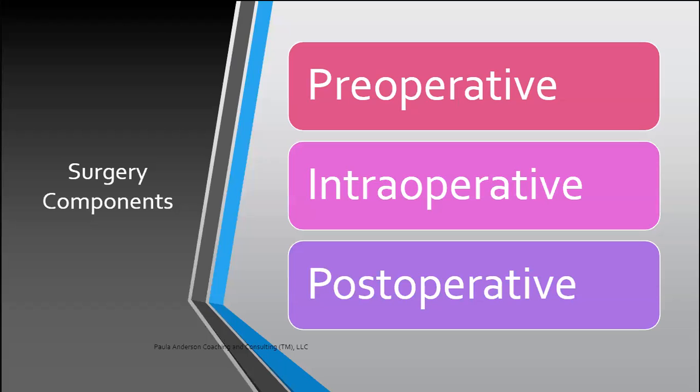Now, your surgery consists of 3 components. So you have your preoperative, your intraoperative, and your postoperative, and your preoperative, of course, is before the surgery is done. And then the intraoperative is when the surgery is being performed, and then your postoperative care when the surgery has been completed.